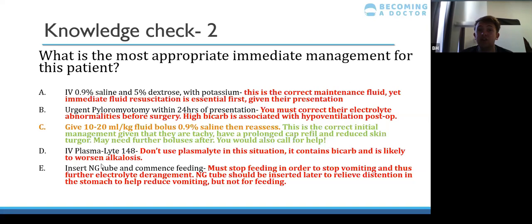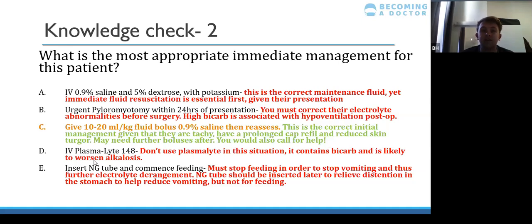An NG tube is good, but what we don't want to do is start feeding. So after we've done the metabolic abnormalities, we put an NG tube in, called a Ryle's tube, and that's to decompress the stomach. That's to get all the contents out, so we don't continue vomiting, we don't continue losing hydrogen ions.